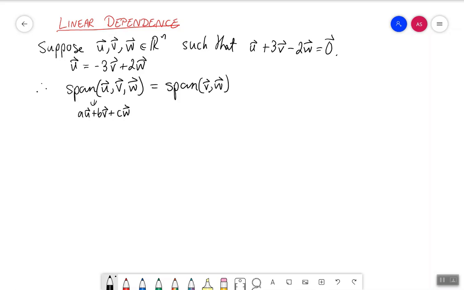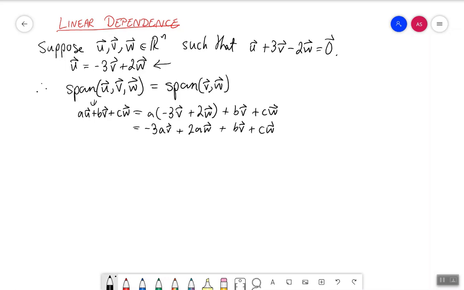But if I have something like this, then I can use the fact that u can be written in terms of v and w to rewrite this as a times (minus 3v plus 2w) plus b times v plus c times w, which is minus 3av plus 2aw plus bv plus cw, and collecting coefficients, I get (minus 3a plus b) times v plus (2a plus c) times w.